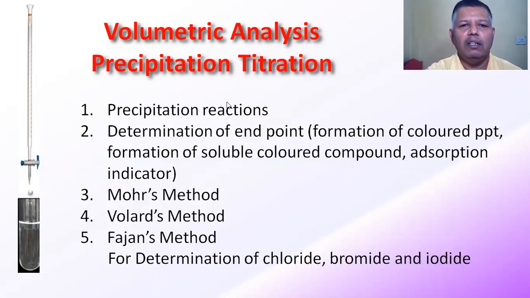In this topic, we will see the precipitation reaction, and determination of the end point with the help of a precipitation indicator, using Mohr's method, Volhard's method, and Fajans' method for determination of halogens in the solution.